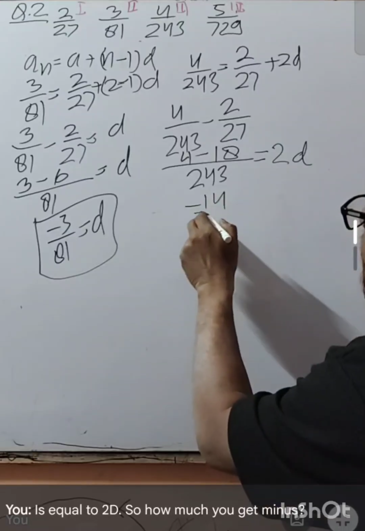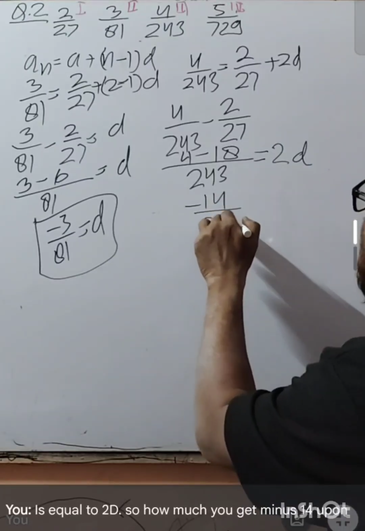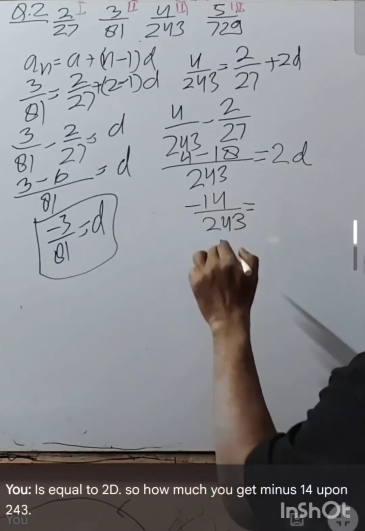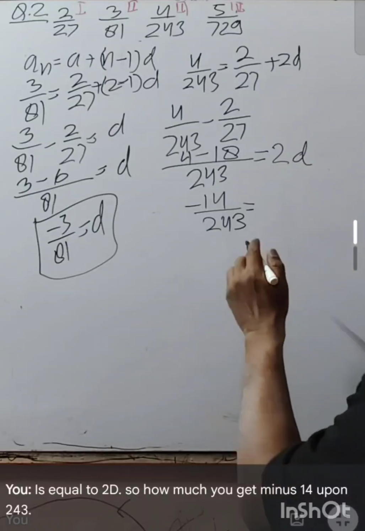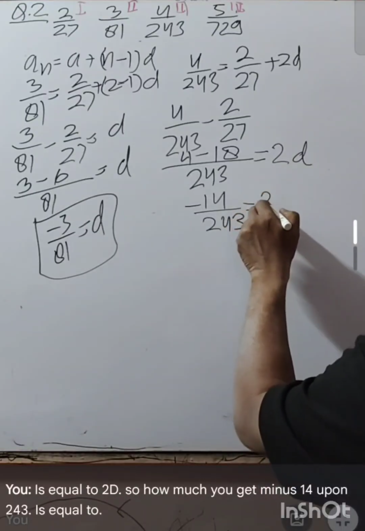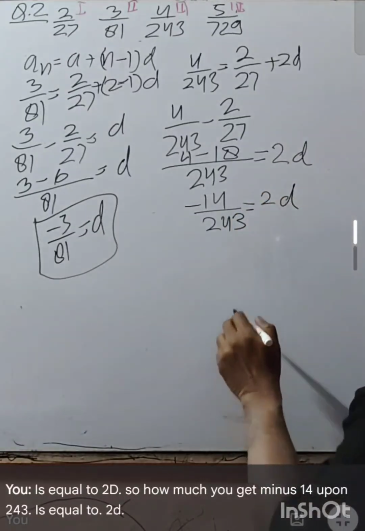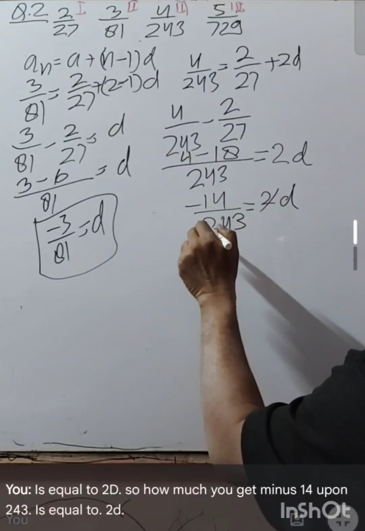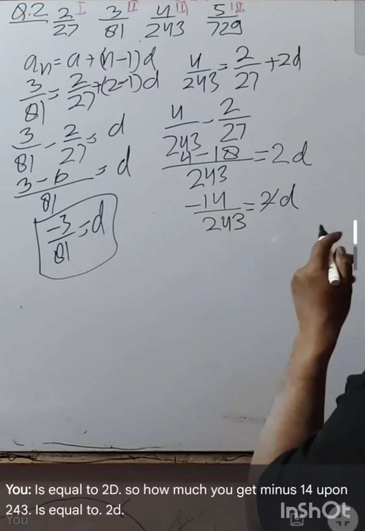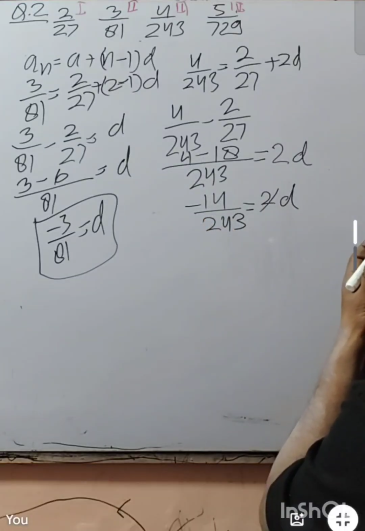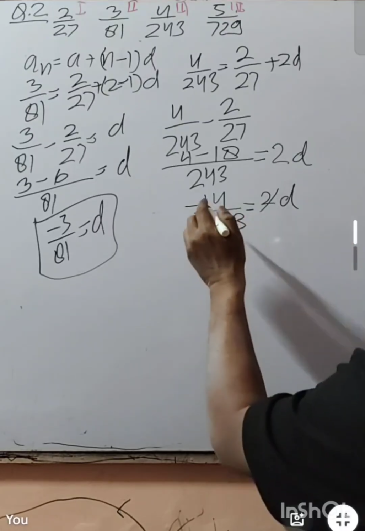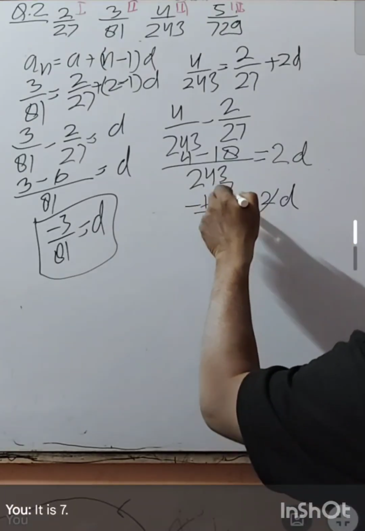Minus 14 upon 243 is equal to 2d. It is 7.